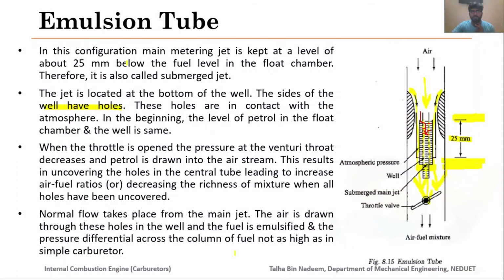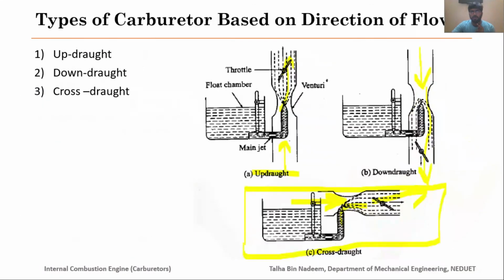Then we discussed the details of the emulsion tube, and in the last we discussed the 3 different types of carburetor based on the direction of the flow. I hope these concepts are easy to understand, and you wouldn't be facing much problem.